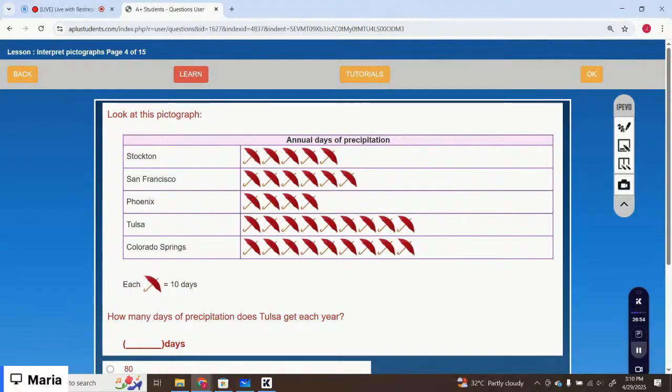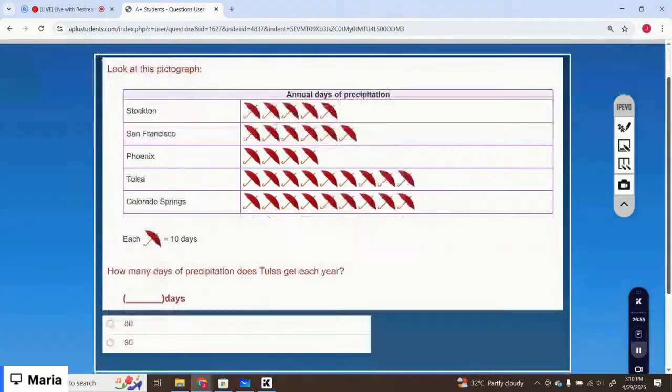Look at the pictograph. Each symbol equals 10 days. How many days of precipitation does Tulsa get each year?